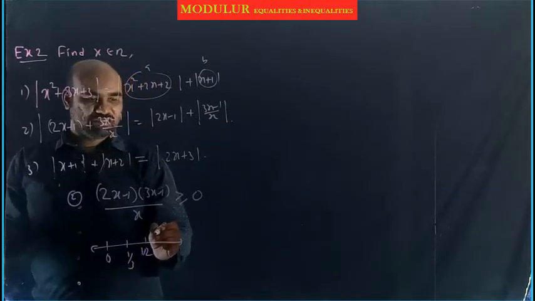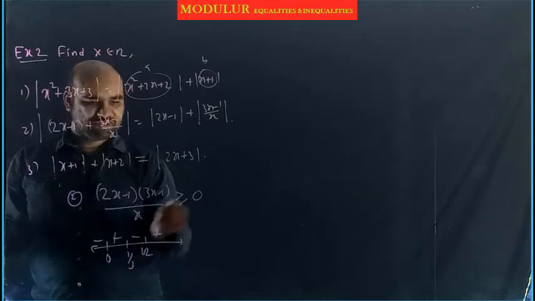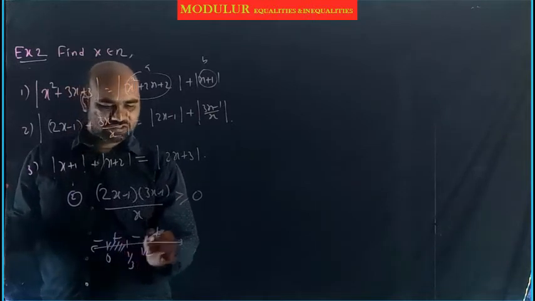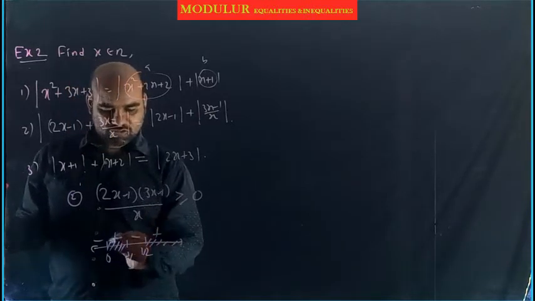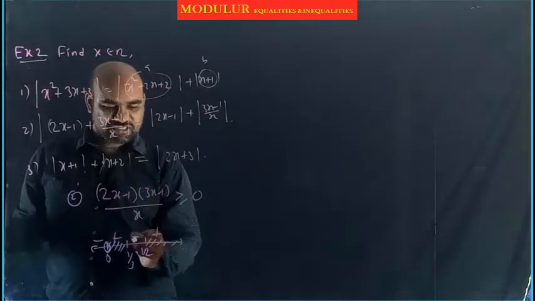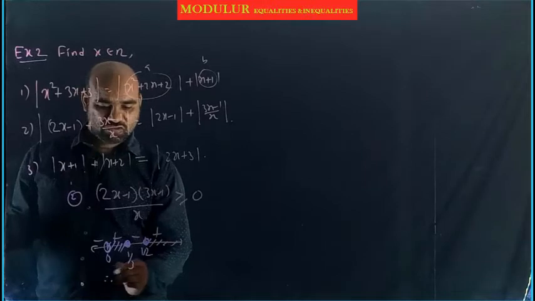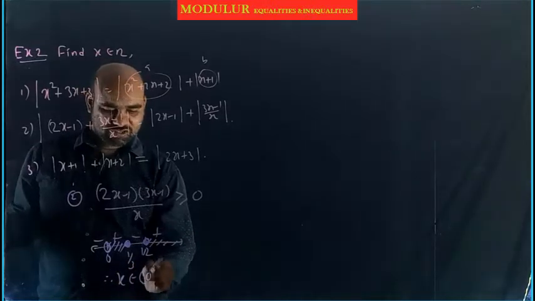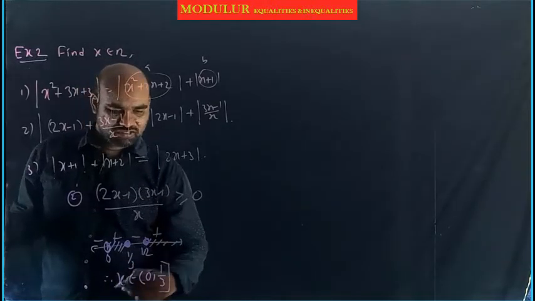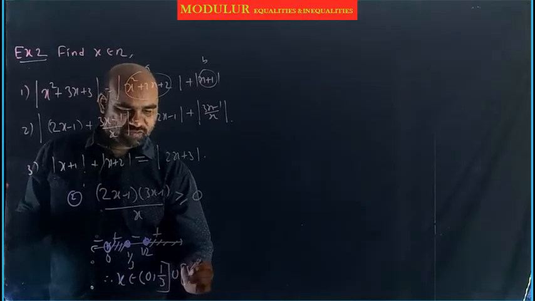Plus, minus, we want greater symbols. 0 won't satisfy, half will satisfy, 1 by 3 will satisfy. Therefore, x belongs to open 0 to closed 1 by 3 union closed 1 by 2 to infinity.